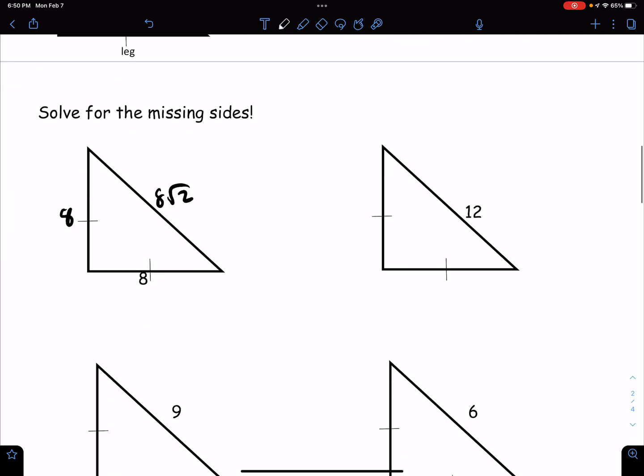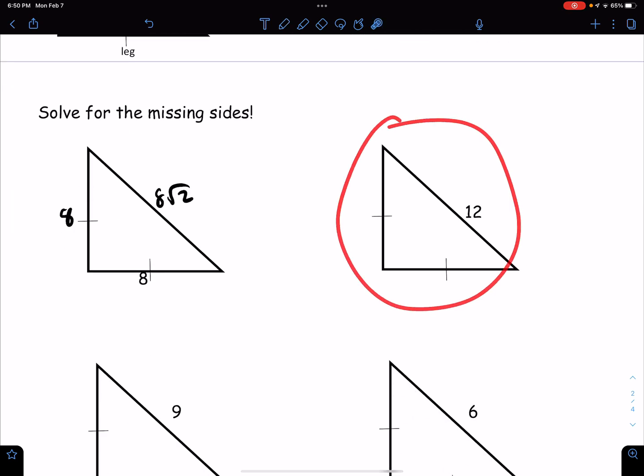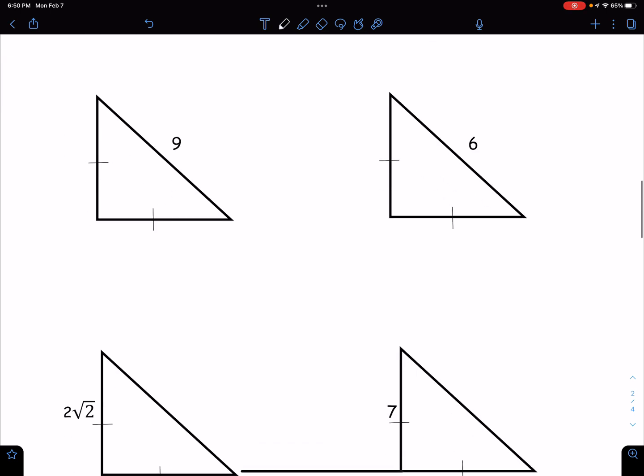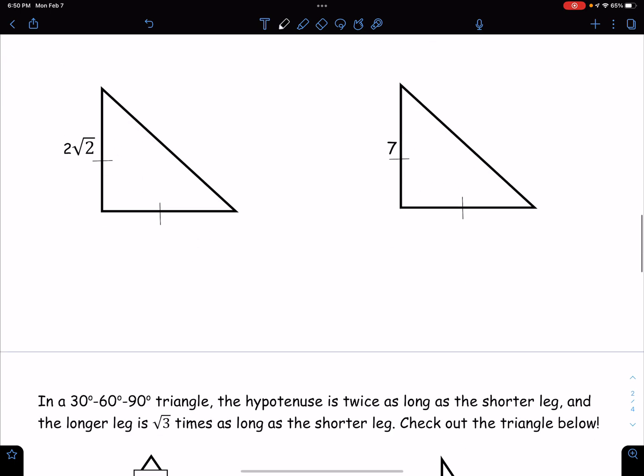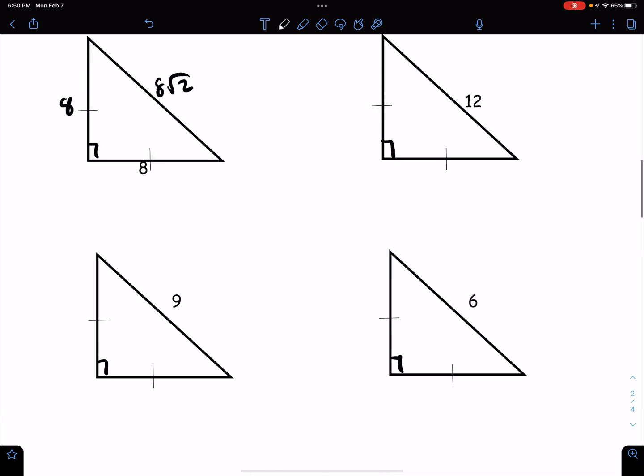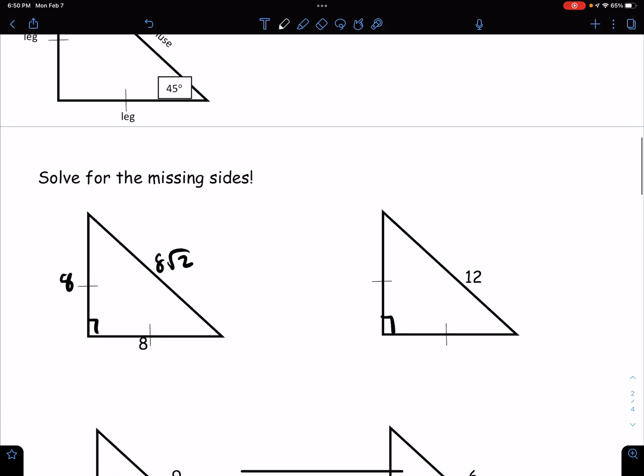Now on the second one, keep in mind these are all 45, 45, 90 triangles, so I'll draw my boxes ahead of time. This one is 12, the hypotenuse. The legs are half of the hypotenuse times the square root of 2. So half the hypotenuse is 6 times the square root of 2, and I just fill it all in.